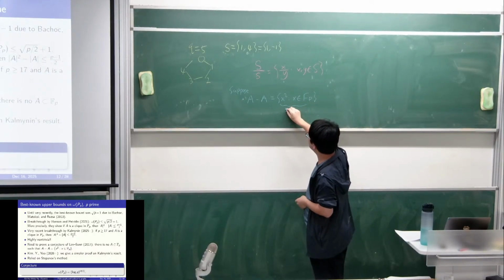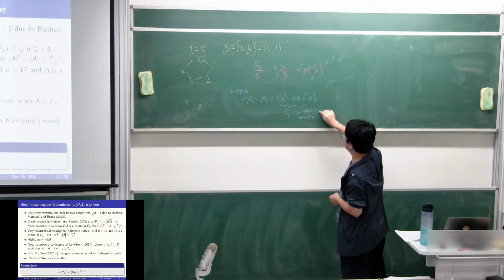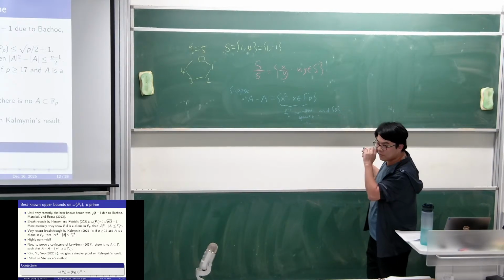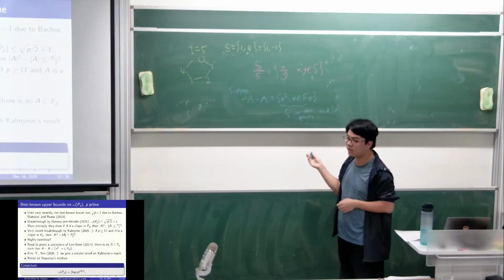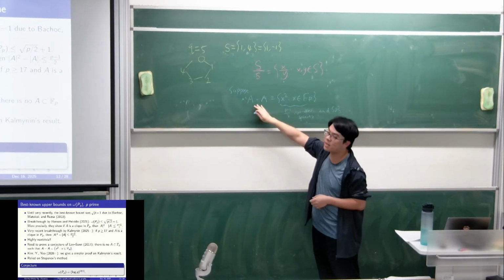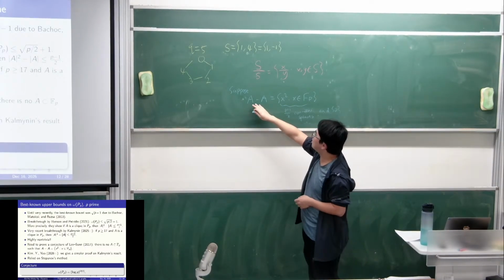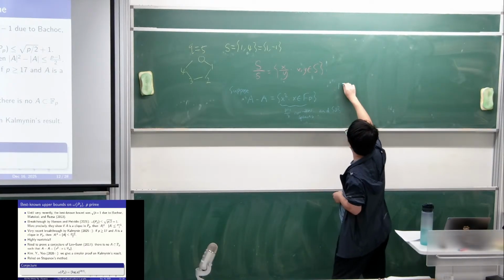So this contains (p minus 1) over 2 non-zero squares, and of course also 0. For A minus A, we know that it is just the collection of pairwise differences. In particular, 0 appears exactly |A| times. So the number of non-zero elements in this is at most |A|^2 minus |A|.